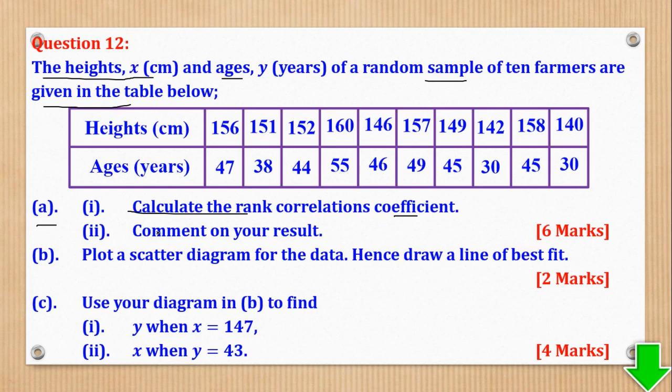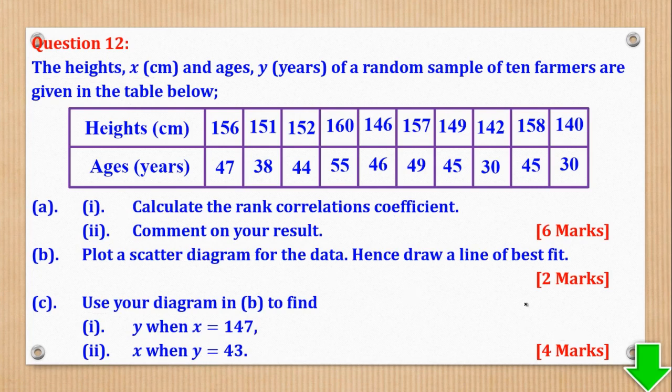So even if they don't specify, always know that they want you to calculate Spearman's rank correlation coefficient. Roman 2, comment on your result. Part B, plot a scatter diagram for the data and hence draw a line of best fit. Part C, use the diagram in B to find Roman 1, y when x is 147, and Roman 2, x when y is 43.